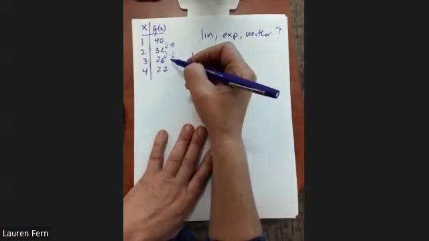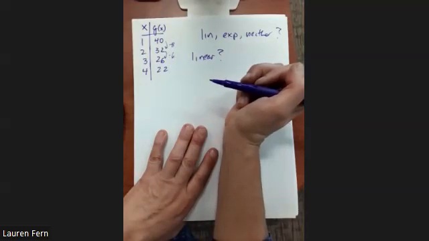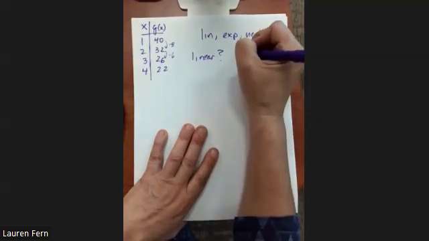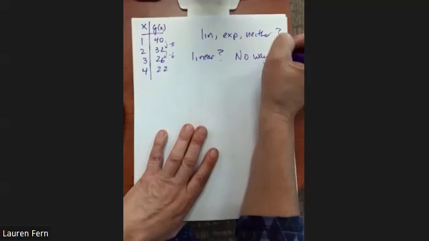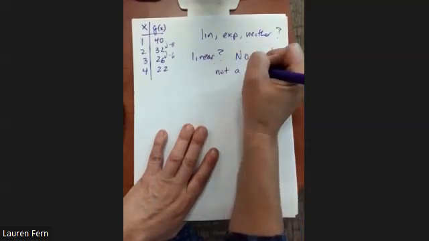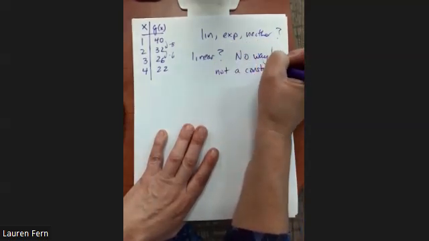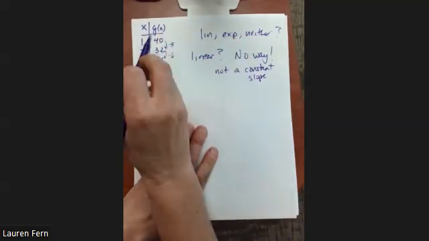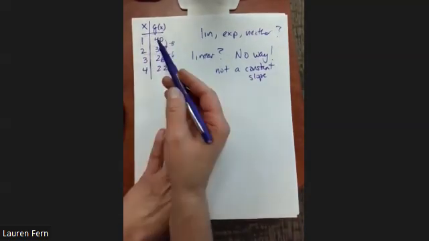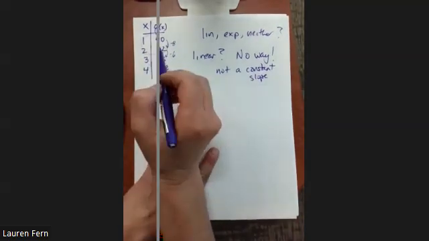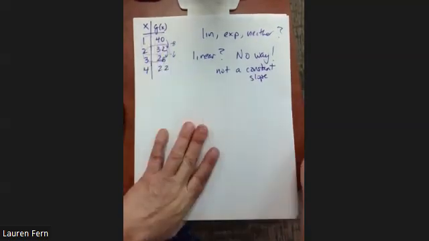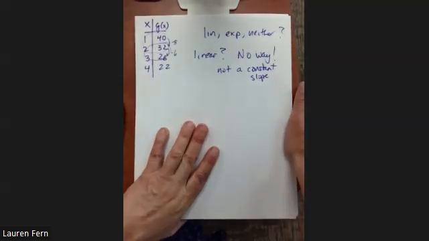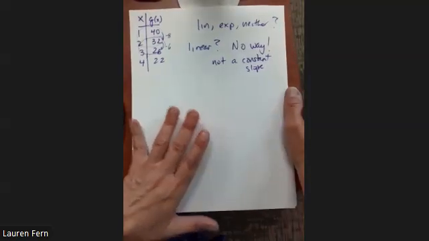Do we have the same slope? No. No way. Not a constant slope. If you find the slope of the line between these two ordered pairs, it's going to be -8. If you find the slope between these two ordered pairs, it's going to be -6. So this is not linear. You with me there?